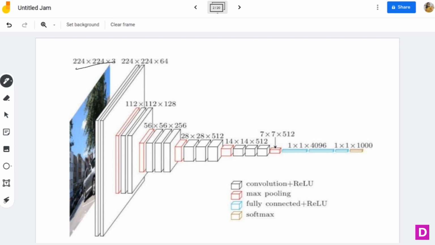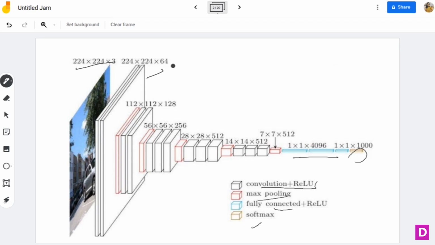Here this is a very good photo of a car. So this is where the input is. Then you have different convolution layers. Obviously the black one here represents convolution, which is followed by a ReLU, and the red is for max pooling, and finally you have 3 fully connected layers and a softmax finally. Okay, so this is the whole structure.